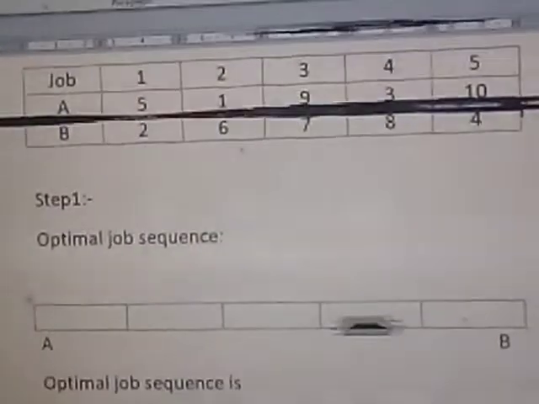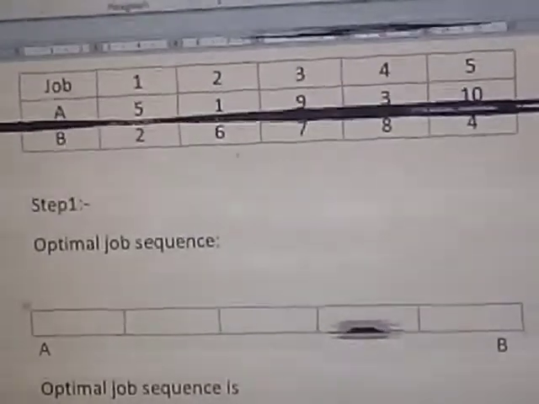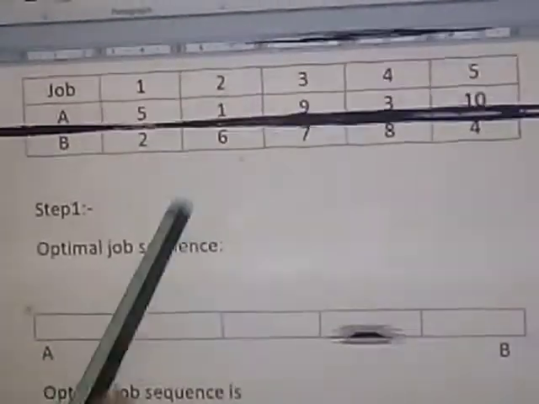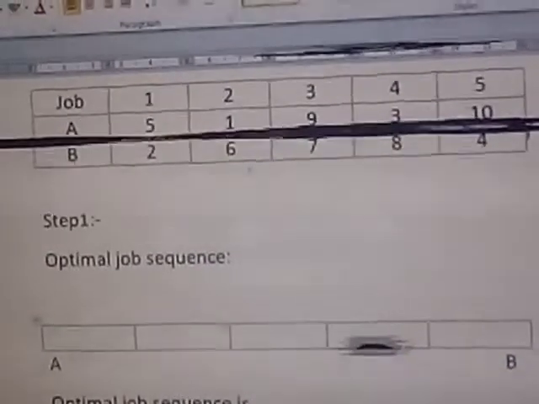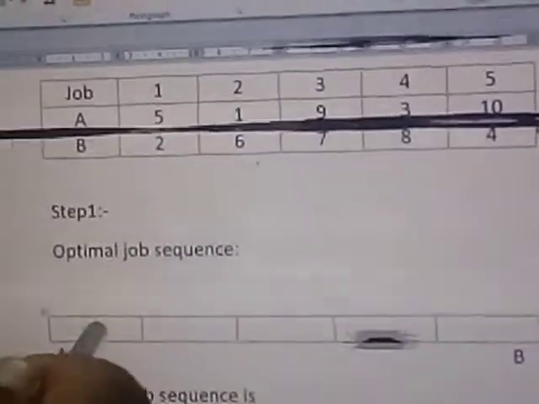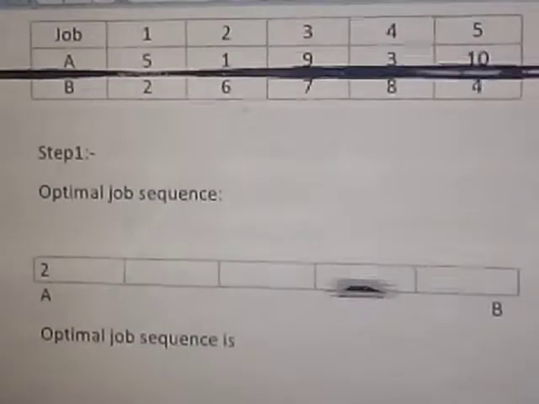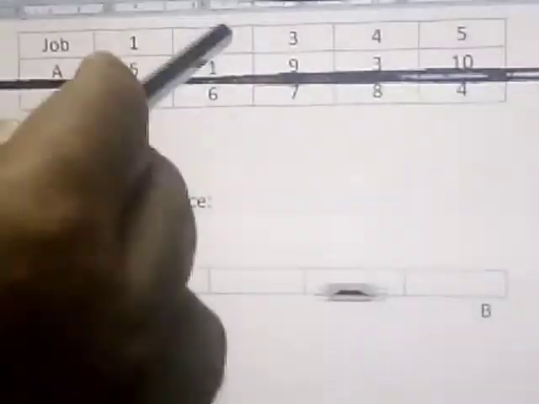The least time is 1 hour, which appears in machine A of job 2. Job 2 will be written on the left side. Now delete this column.